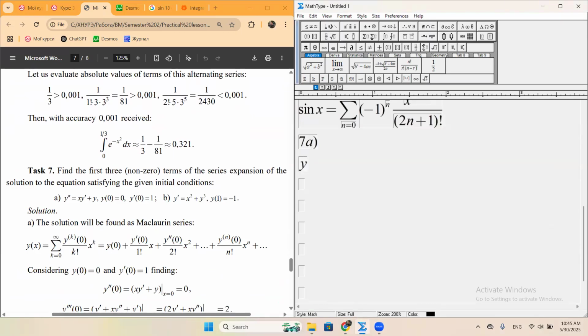We will have the following equation: y double prime equals xy prime plus y, and y(0) equals 0, and y prime(0) equals 1. We have to write down the first three non-zero terms of the series expansion of the solution.